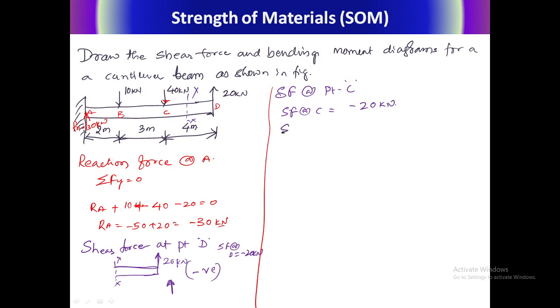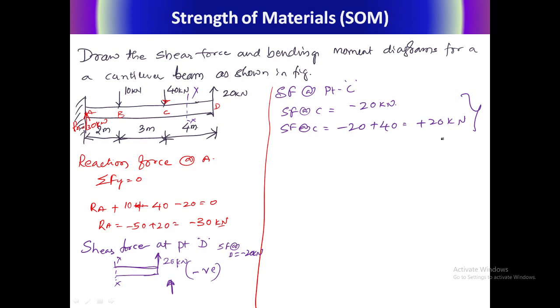Then SF at C, minus 20 plus 40, you are going to get plus 20 kilonewton. This will clear your confusion. So minus 20 kilonewton remains the same up to application of load. After application of load, it changes its magnitude. That is plus 20 kilonewton.